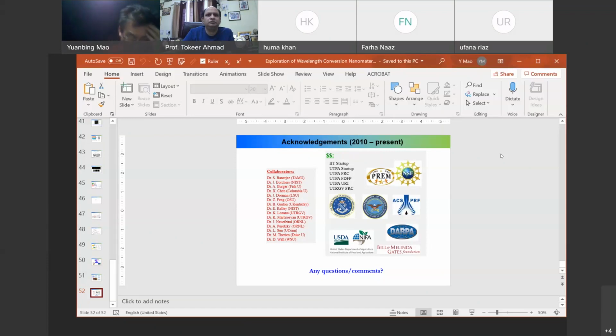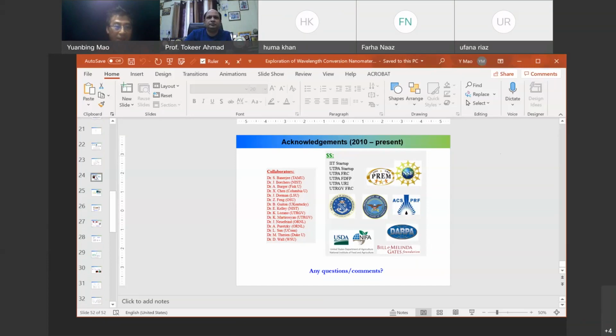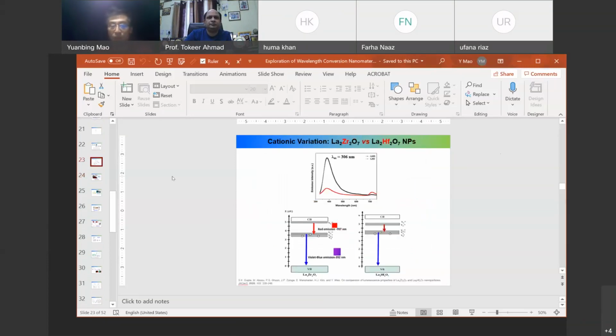I didn't present that actually. If it is related to oxygen vacancy luminescence, just like I showed here, if the luminescence is actually related to the oxygen vacancy, I think if we synthesize the nanoparticles in an inert atmosphere or under hydrogen, it could further increase the luminescence.